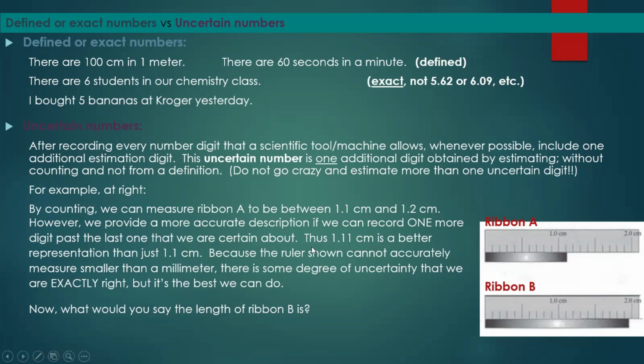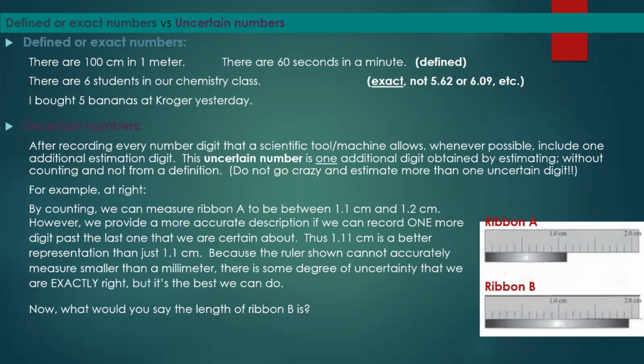So if we were to guess, estimate 1.11 centimeters, that's a little bit better of a guess. So because there aren't any smaller markings on the ruler, we can't say that we're measuring that. That's the digit that has the level of uncertainty to it. So it's the best that we can do.